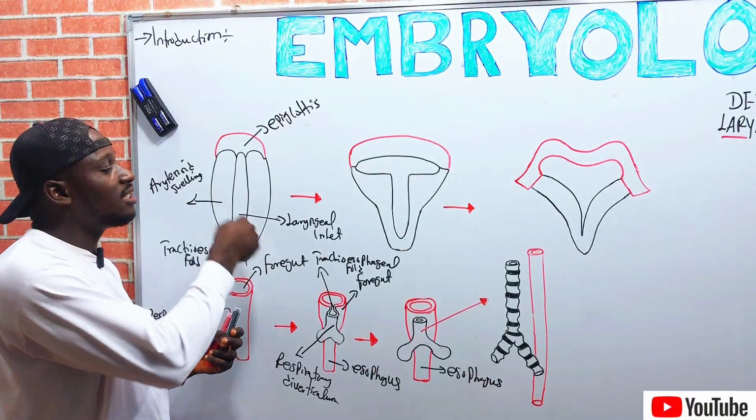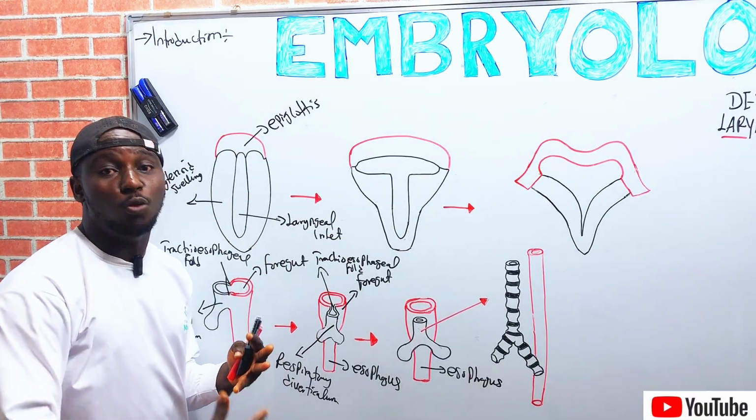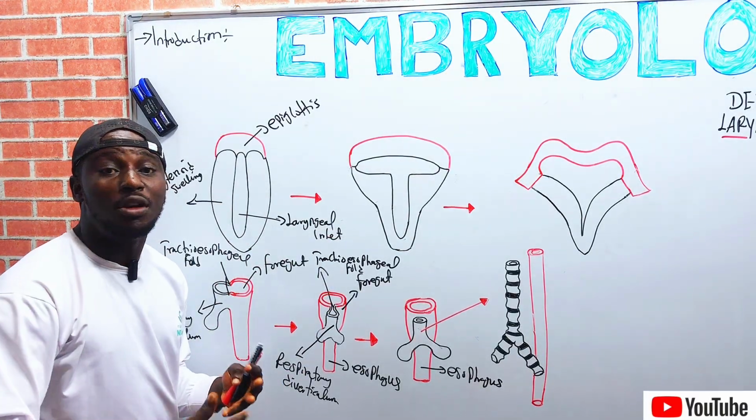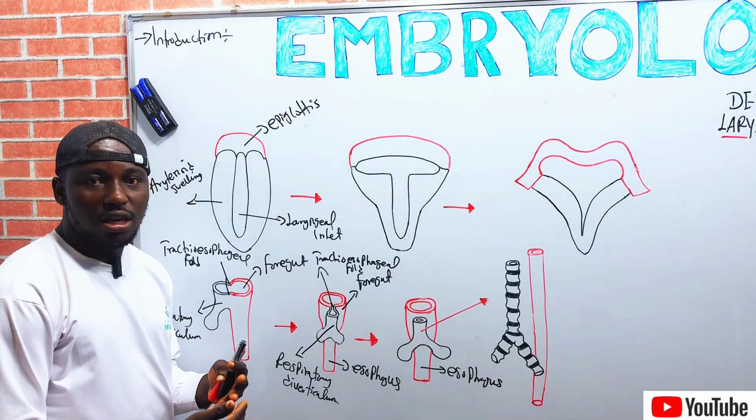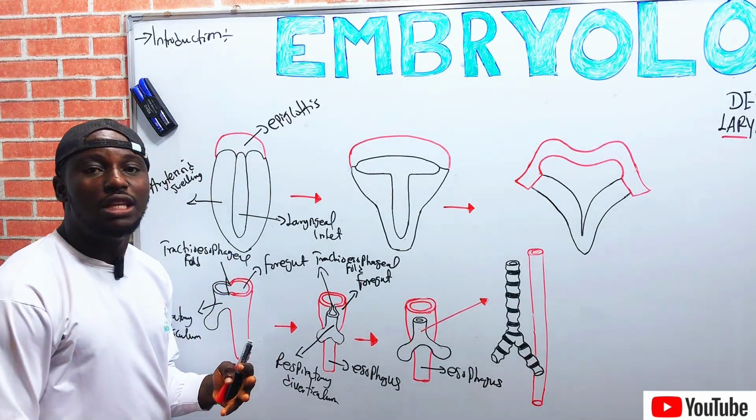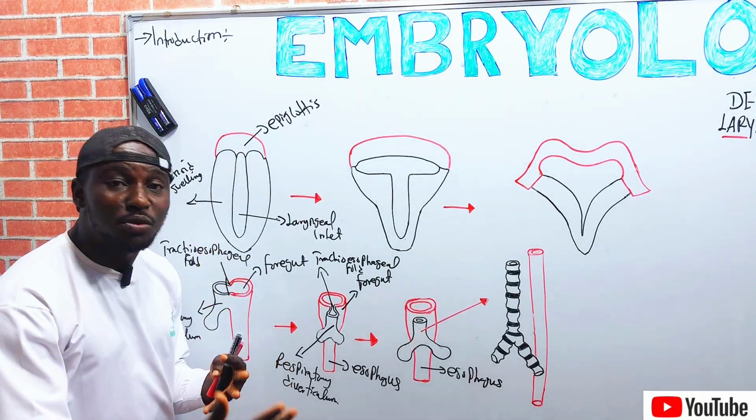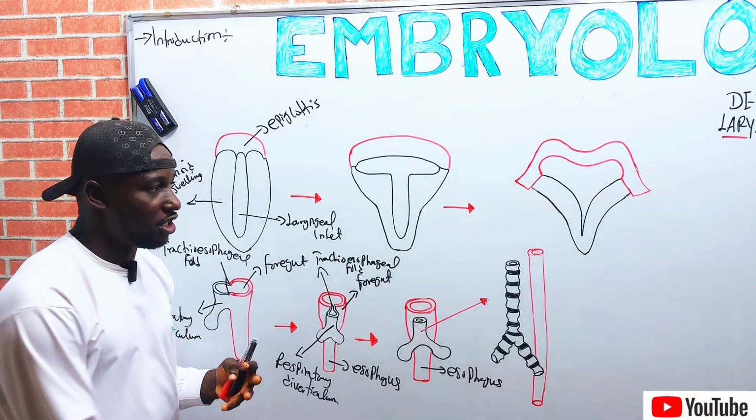Because as it surrounds the laryngeal orifice, it begins to what? To proliferate. As a result of that proliferation, it led to the T-shaped slit-like laryngeal orifice, which is at this state.